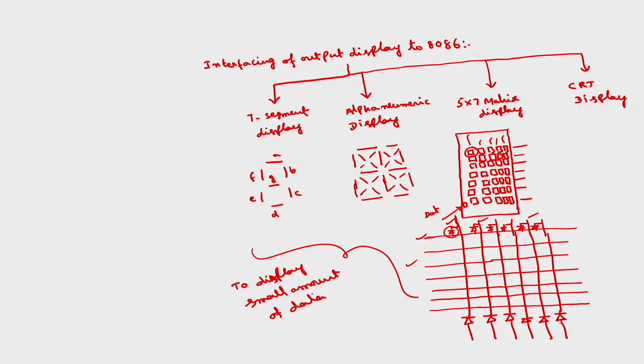To display a small amount of data, we can use either the 7 segment display, alphanumeric display or 5 by 7 matrix display. Whereas this last one, CRT display, most computers use CRT display, whereas the microprocessor kits or some instruments use these LED displays. So, a CRT is used to display a large amount of data.